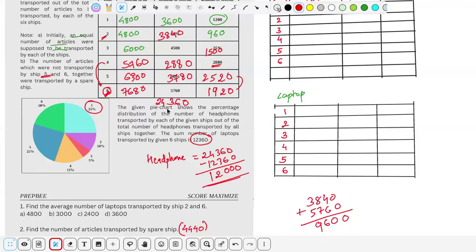And the headphones, सेकंड नंबर पे जो हेडफोन है 10% हेडफोन था, 10% ऑफ 12,000. सिक्स पे 20%, तो इन टोटल 30% ऑफ 12,000. So I could simply find 30% of 12,000. तो 30% of 12,000 जो बनेगा, this should be 3,600.